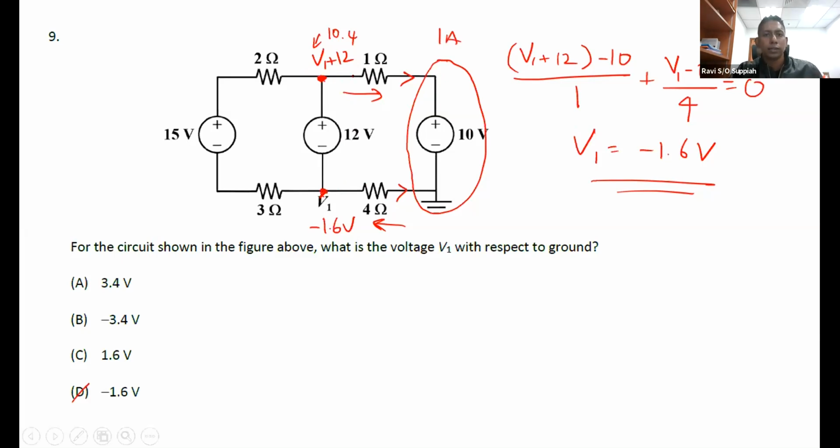Now that I know this is the direction, if I draw my current arrow this way, I call this 1 ampere. If I draw my current direction this way in this branch, then I must call this negative 1 ampere. Correct? Because now I know that the current is actually going this way.